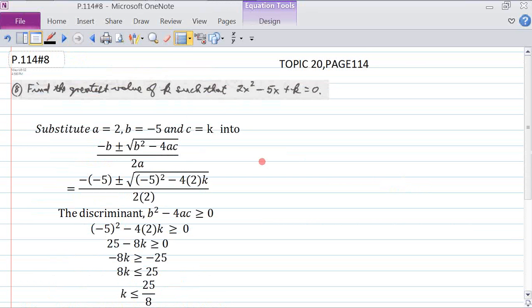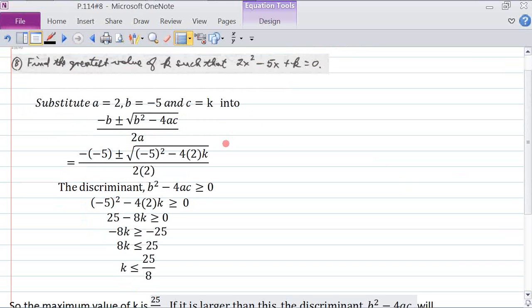114 number 8, find the greatest value of k such that 2x squared minus 5x plus k equals 0. What we're going to do is we're given a equals 2 here, b equals minus 5, and c equals k. So we're going to put this into the quadratic equation, though we don't really need to do it, but in some sense, which I'll explain in a minute, we really only need the b squared minus 4ac term.